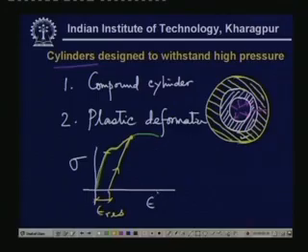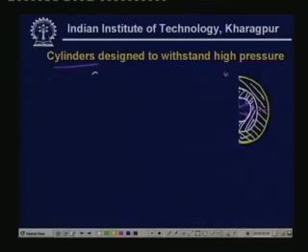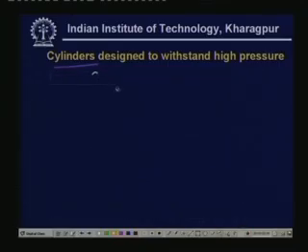But here in this class we are going to study what is meant by compound cylinder and the stress analysis in a compound cylinder. So, now let us see the compound cylinder.